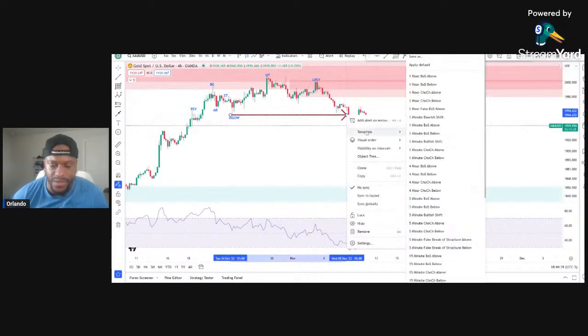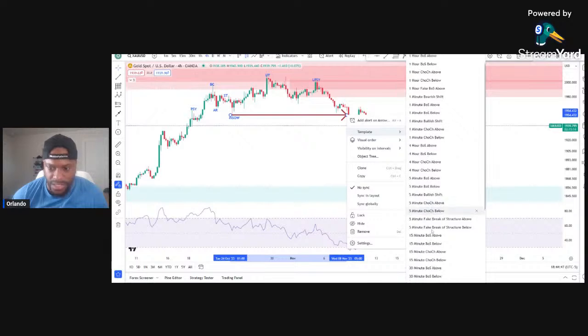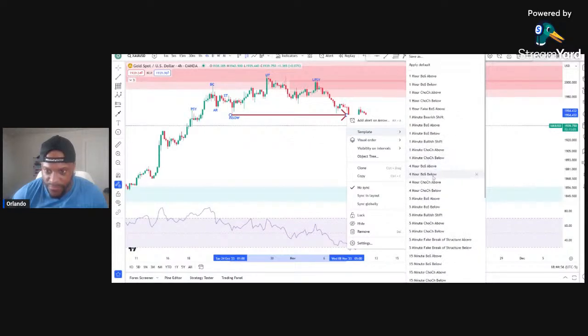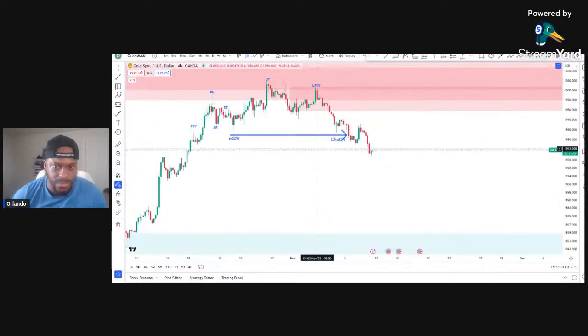So that means on the lower time frame it is going to want to accumulate and come back bullish because price changed character. Or it's going to want to redistribute. Let's see what price does. 4 hour change of character below. Boom.